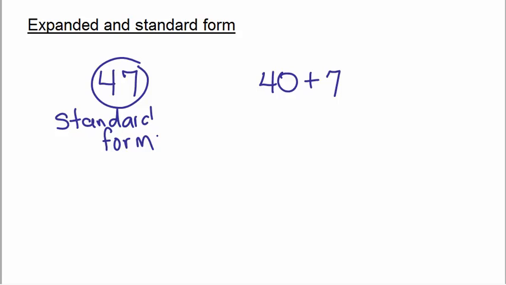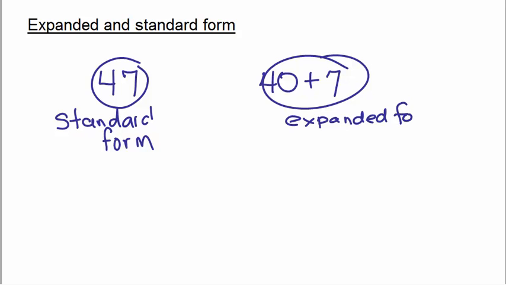And 40 plus 7 is expanded form. What expanded form really is, is writing the value of each of the digits. So the 40 comes from the 4 tens and the 7 from the 7 ones.